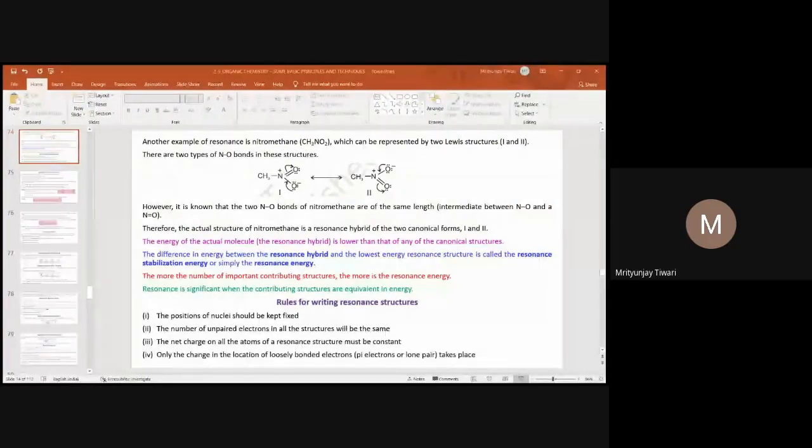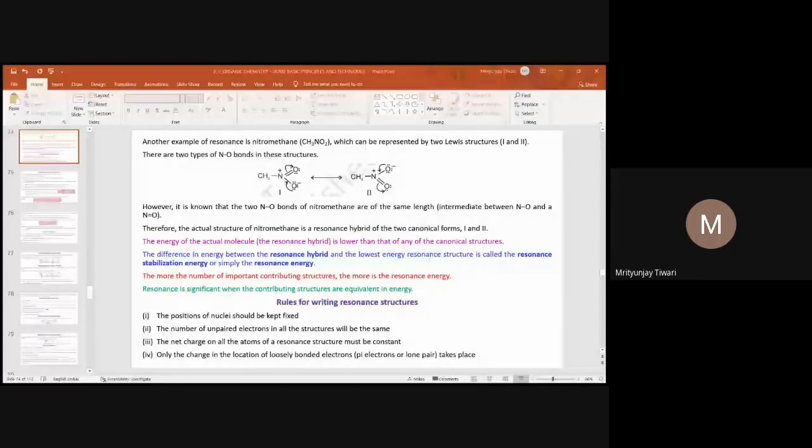And once you know how to write the resonating structures of a molecule, suppose you have five different resonating structures of a single molecule. The actual molecule will be the resonance hybrid of all these resonating structures.